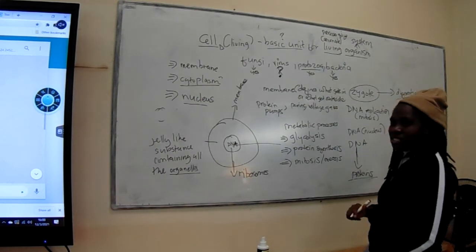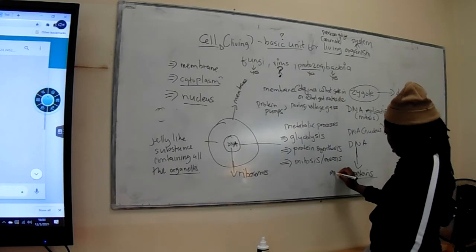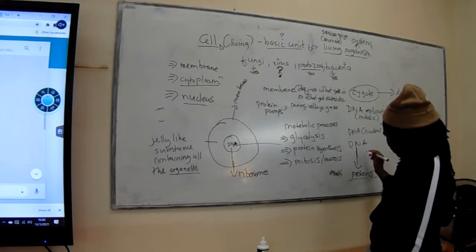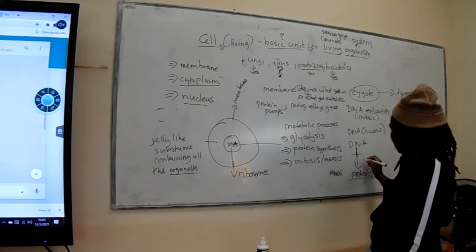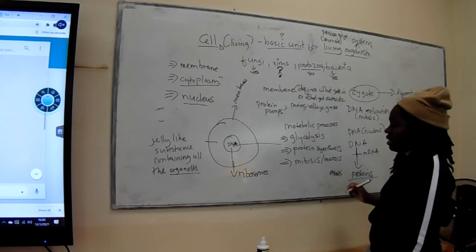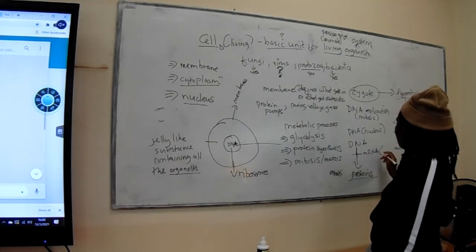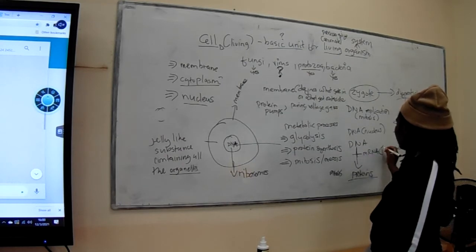So during the stage of mitosis, we are coding for proteins. We have an intermediate molecule which is known as mRNA, messenger RNA, and this is what is known as transcription.